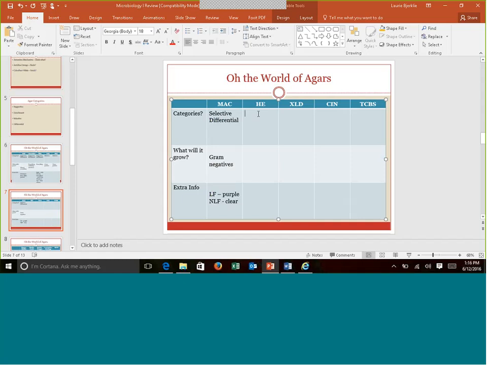HE agar stands for hektoen enteric. Again, same categories, selective and differential. This is looking for Shigella and Salmonella specifically, which are both gram-negatives. So that's the selective part. It's looking for just the enteric gram-negatives, which means the intestinal kind of growth, but specifically Shigella, Salmonella. And then again, it's differential based on fermentation.